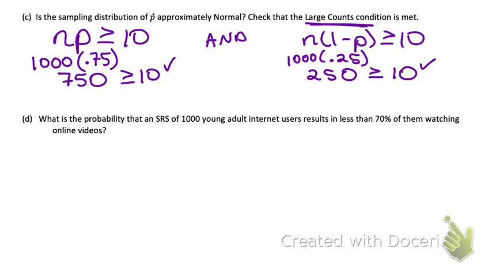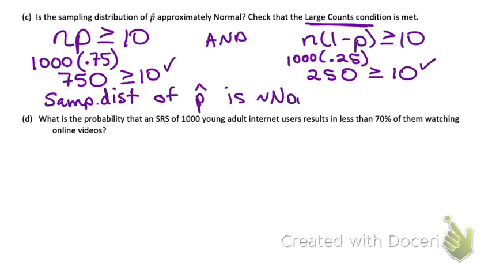If one of them is found and then I find the complement of it, it will always add back to the sample size. That's how you can check to make sure you did your math right. So both of these worked. What that means now is that my sampling distribution of p-hat is approximately normal.